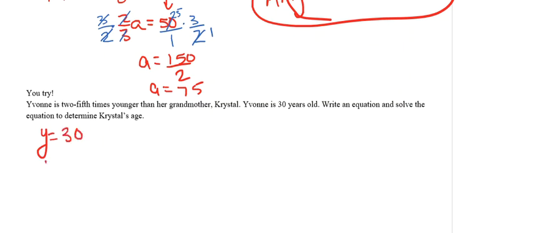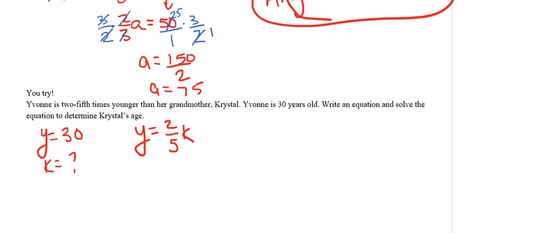We don't know how much Crystal is. Remember, the word "is" translates to equals in mathematics. When you're dealing with a word problem situation, a lot of the times this happens.